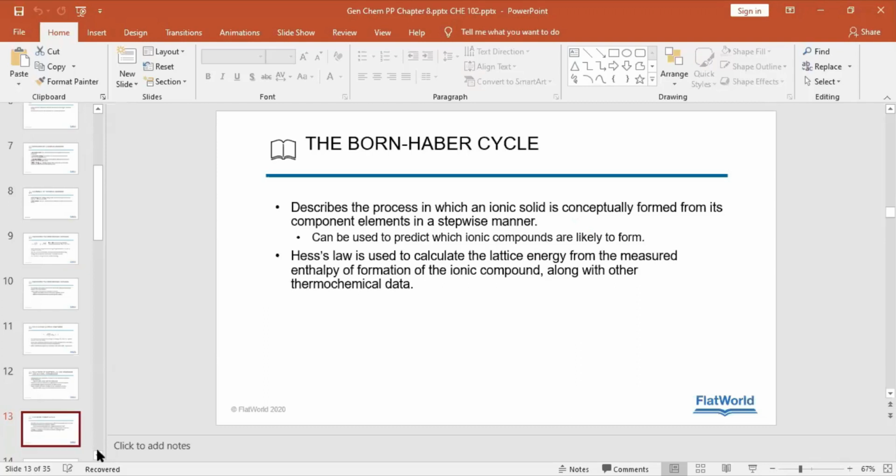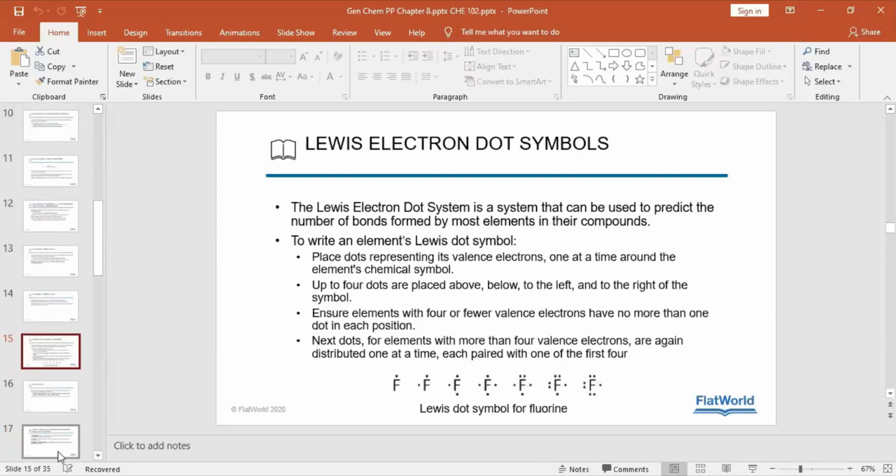Okay, now let's see about the Lewis electron configuration, the Lewis electron dot symbols. Now, I don't think we discussed Lewis structure. Let me give you some ideas of what we're going to do in chapter 8 and chapter 9.